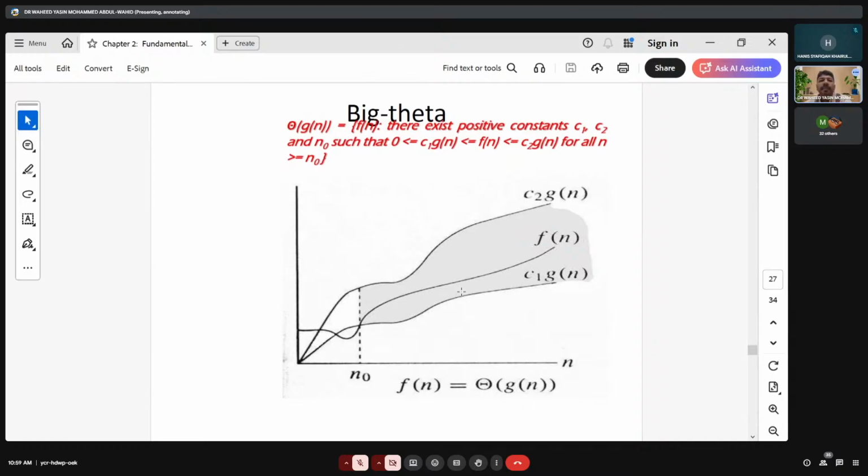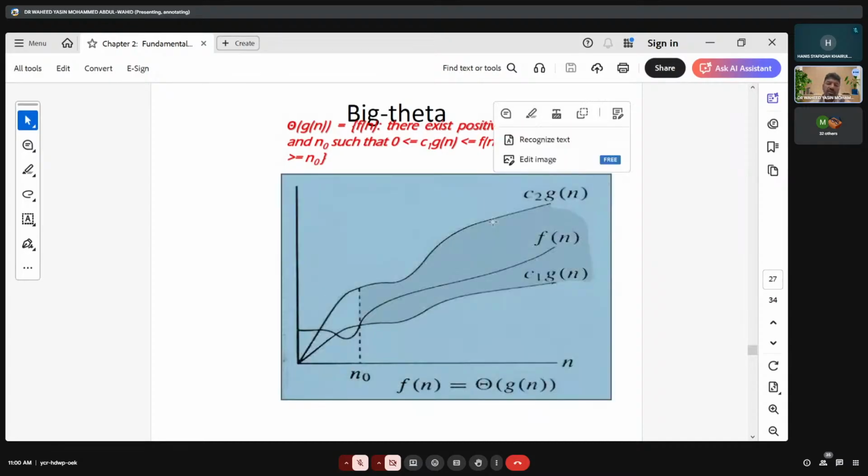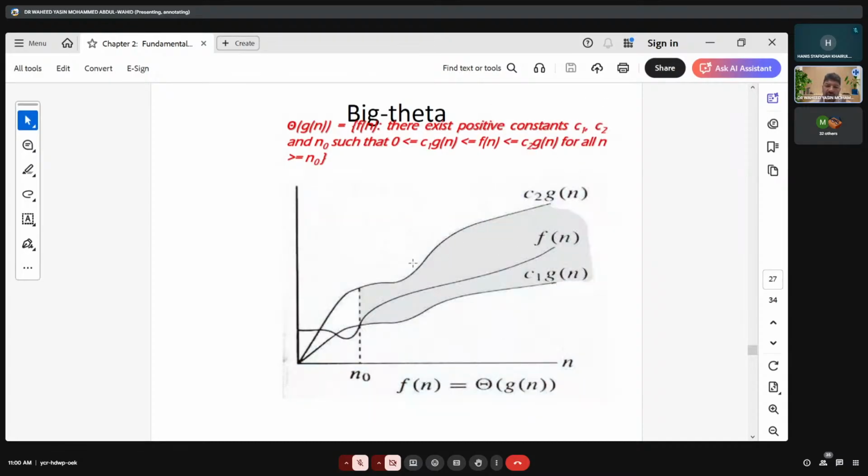Big theta g(n): there exist positive constants c1, c2 and n0 such that 0 is less than or equal to c1·g(n), which is less than or equal to f(n), which is less than or equal to c2·g(n), for all n greater than n0. So we have c2·g(n) and c1·g(n), and we have f(n). This one we call big theta. So I have a lower bound and upper bound, and f(n) is between.